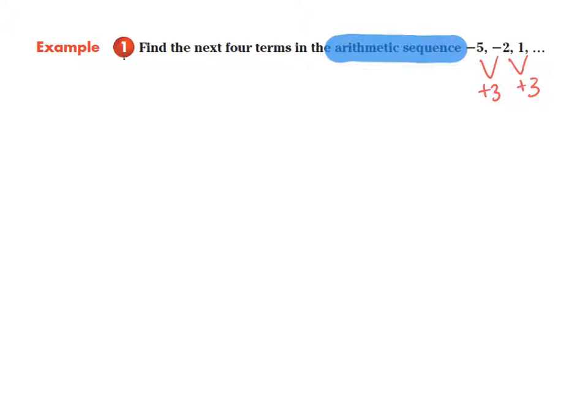So if I need to know the next 4 terms, I have -5, -2, 1, and I need the next 4 terms, what would they be? 7, and then 15. Perfect. Not too difficult. Are you guys okay with that?